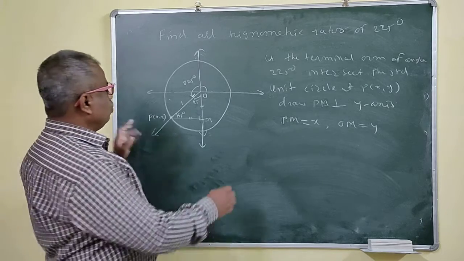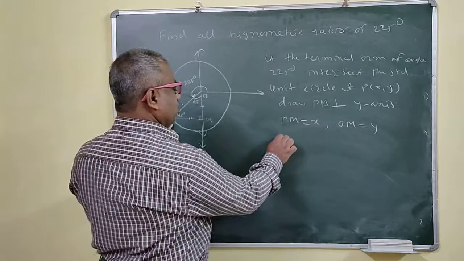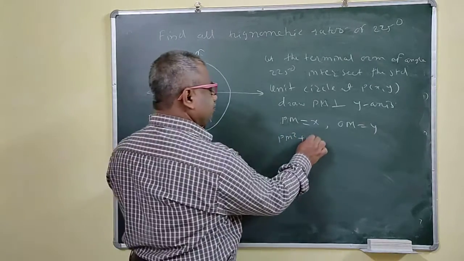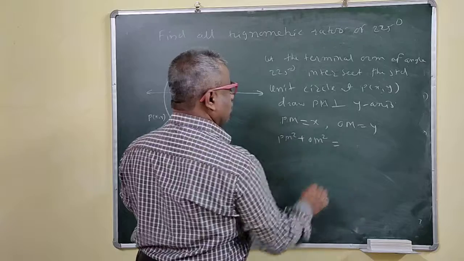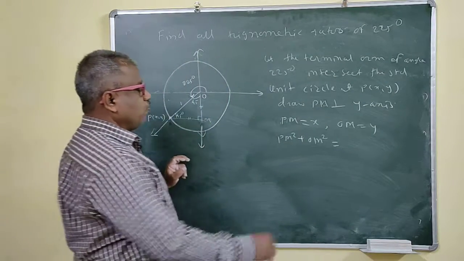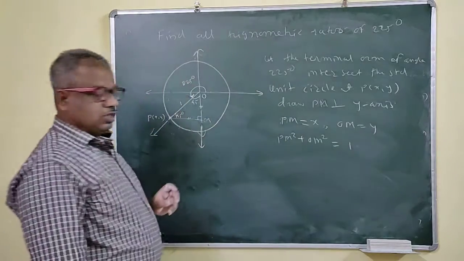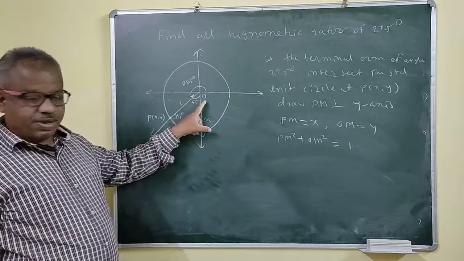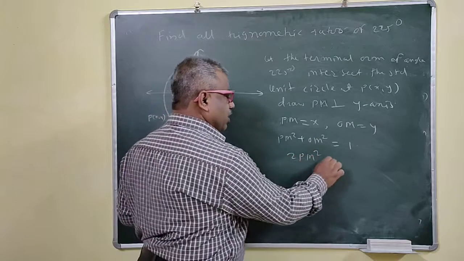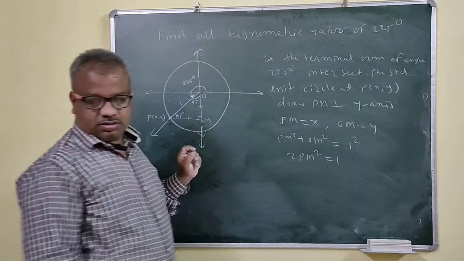Now, so PM square plus OM square is equal to 1. But PM is same as OM. So this is what then? 2 times PM square is 1 square actually, 1. Right?